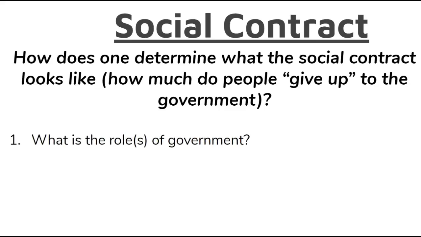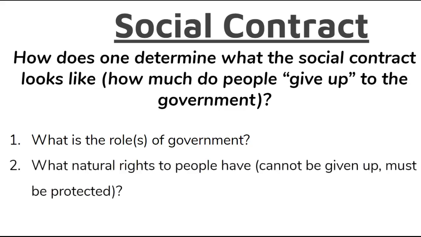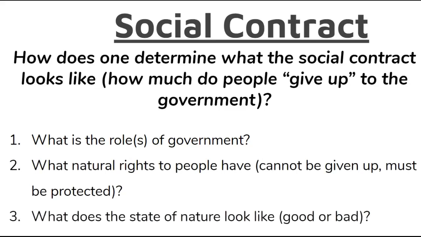Questions you need to answer about the social contract for these countries. 1. What role does government have? 2. What are the natural rights people have that cannot be given up and must be protected? And then 3. Your answers to these questions are going to be shaped by, is the state of nature something that looks good? When you leave humans on their own, are humans naturally good?